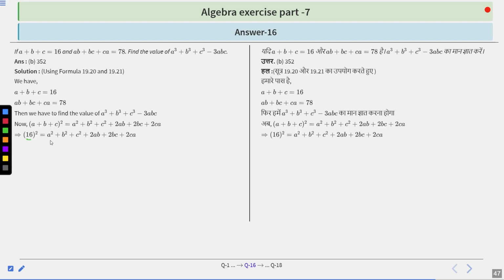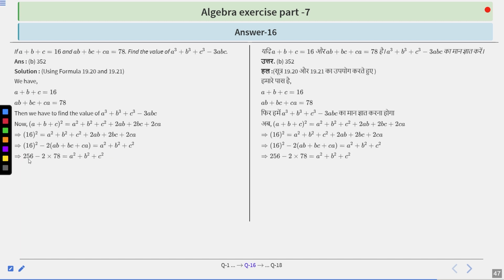So 16² is equal to a²+b²+c²+2ab+2bc+2ca. Taking 2ab, 2bc and 2ca to the left hand side, we get 16² − 2(ab+bc+ca) equal to a²+b²+c².